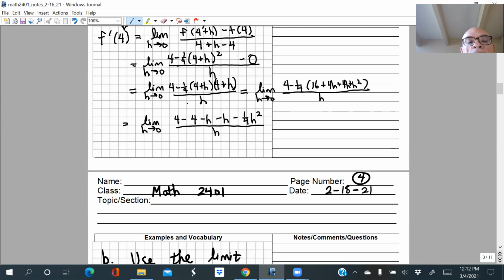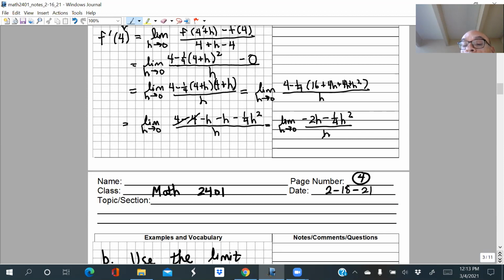Now let's see what happens here. These 4s cancel each other, so that's really nice, right? So you get the limit as h approaches 0 of minus 2h minus 1/4 times h squared, all of that divided by h. Now you can divide out the h.